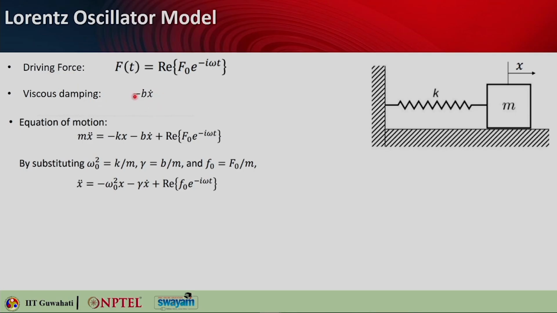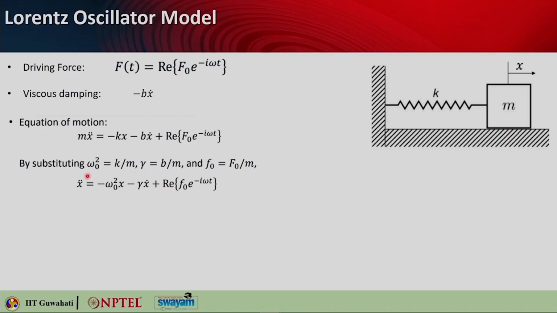X dot is the velocity, x is the displacement, and x double dot will be the acceleration. So, the overall force is minus kx, the spring force, minus the viscous damping, minus b x dot, plus whatever is the driving force. That is the overall force acting on this system.